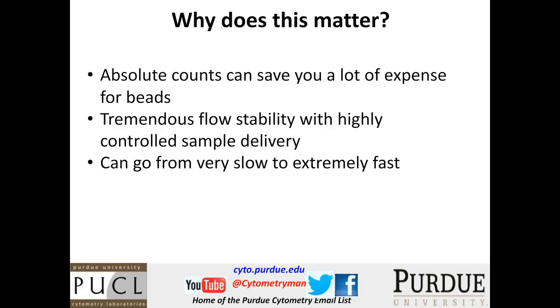And so there's an advantage, I think, in doing absolute counts and using a syringe system. The other thing is it's a tremendously stable flow, and you have highly controlled sample delivery. And the other advantage, I think, is that you can go from slow to extremely fast.